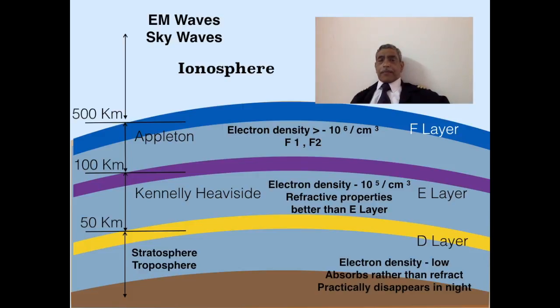But I want you to notice that at different distances in the atmosphere, different electron densities are produced, and I have also tried to indicate a little variation of properties in this particular slide. I want you all to see this and learn it in your theory.